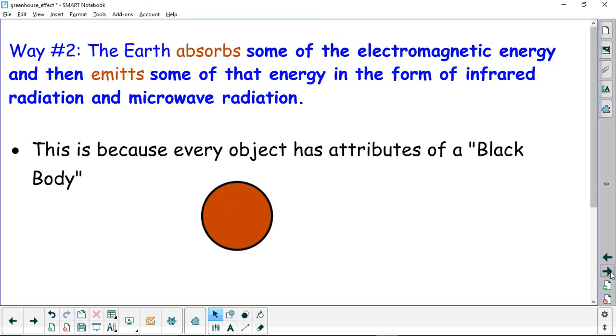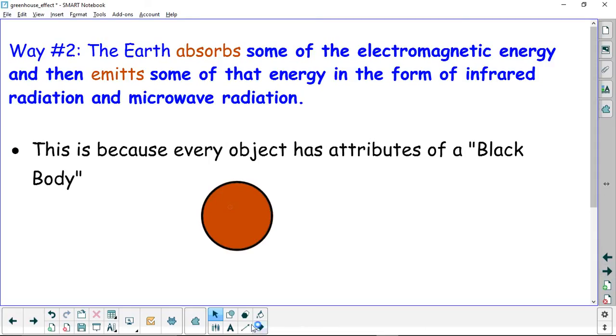and then emits some of that energy in the form of infrared radiation and microwave radiation. And this is because the Earth, as with any object, has what we call black body tendencies.